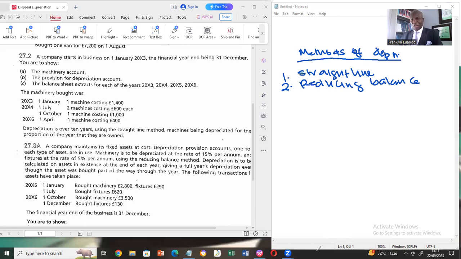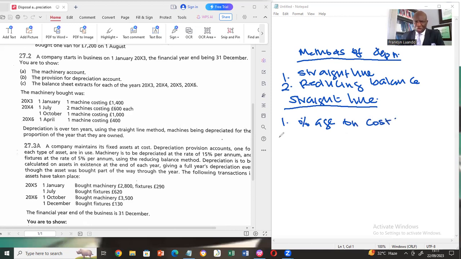Now let's quickly look at the straight line method. Under the straight line method, depending on the information given in the question, you can use a percentage on cost, a percentage on cost of a non-current asset, or you can use a formula.